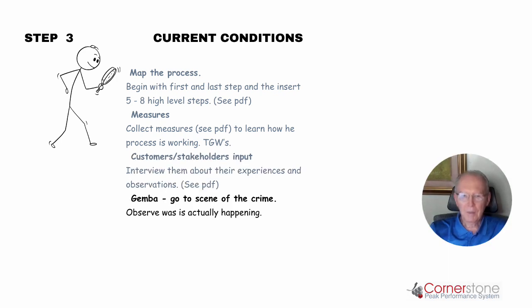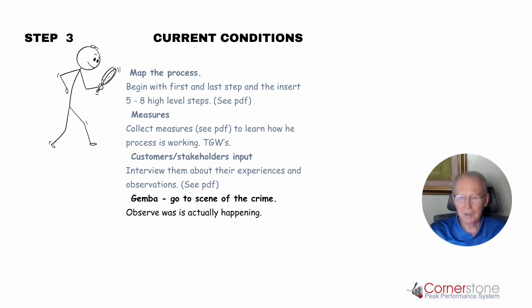I mentioned Gemba before, and Gemba is a Japanese word, and it's the equivalent of saying actually go to the site where it's happening. So in a detective analogy, it's going to the scene of the crime. And you know that detectives, when they go to the scene of the crime, take cameras and take pictures and take notes and look at everything.